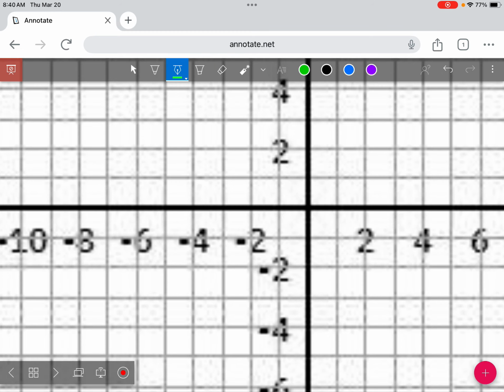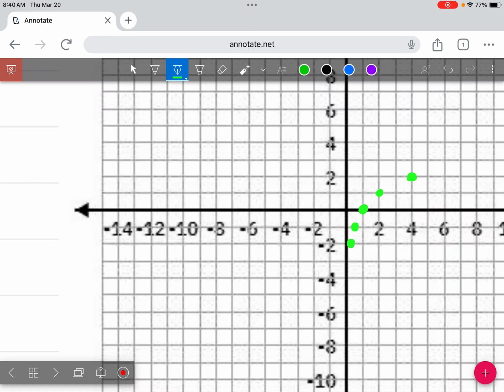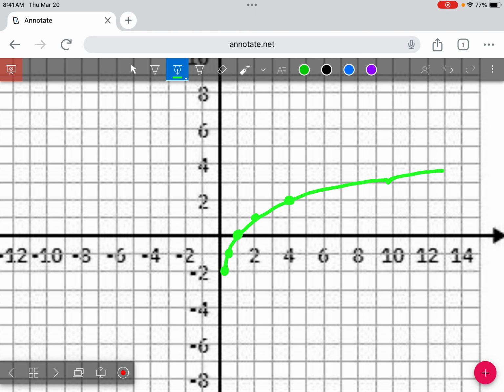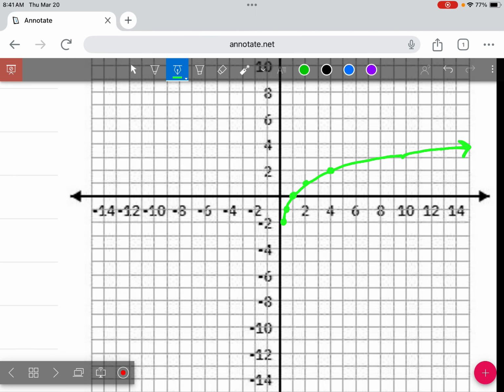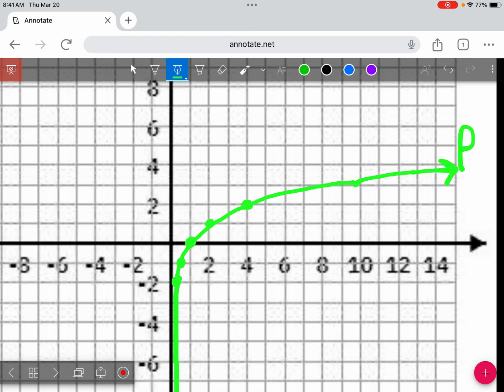So we're going to have our 1/4, -2, our 1/2, -1, 1, 0, 2, 1, and 4, 2. So this is our parent function. And this is our f of x.